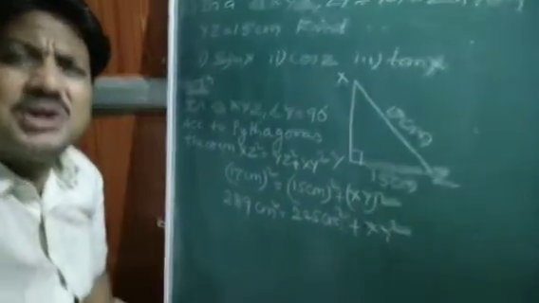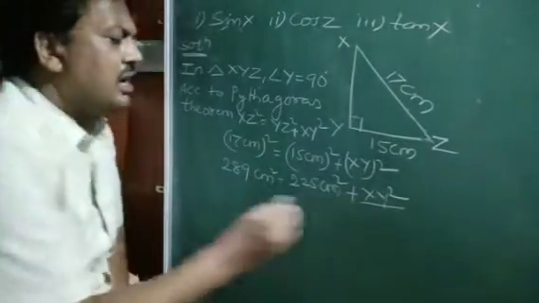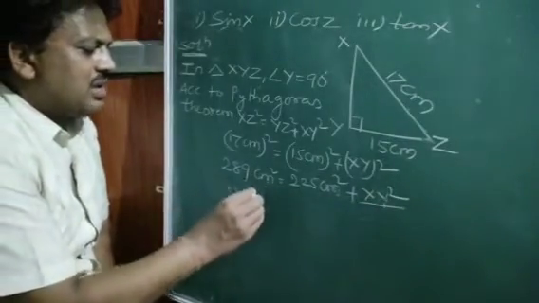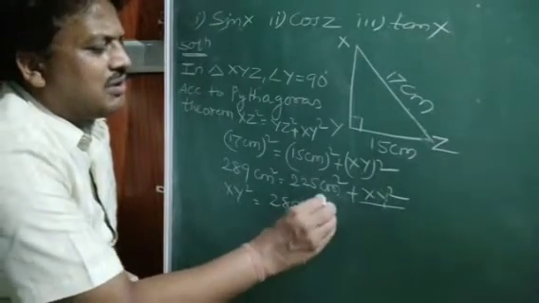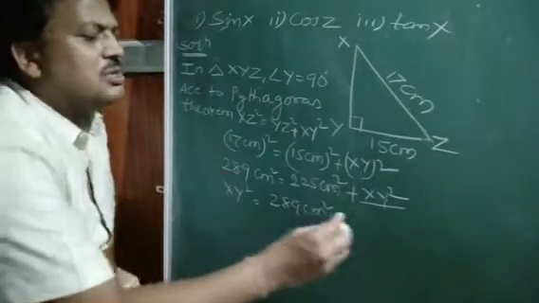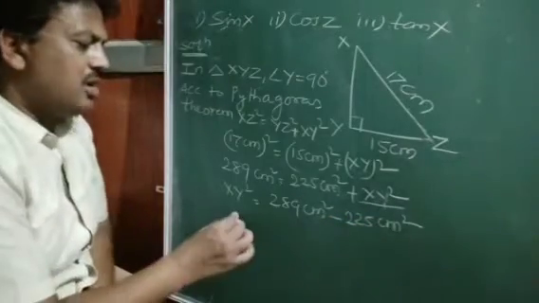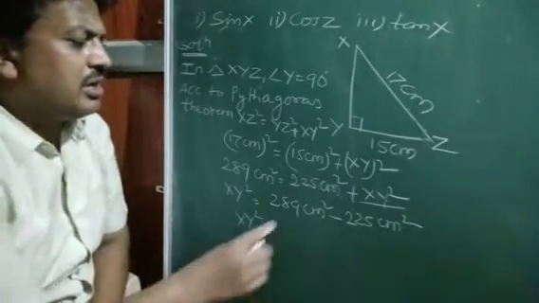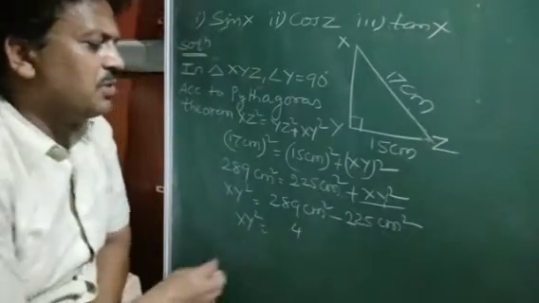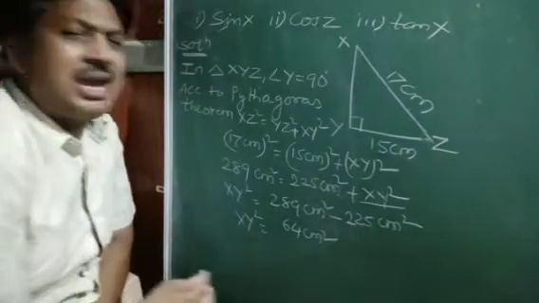Okay children, so now we have to find this one. Take it to one side. XY square is equal to 289 square centimeter; this goes to that side and becomes minus 225 square centimeter. So XY square is equal to 289 minus 225: 9 minus 5 is 4, 8 minus 2 is 6, so 64 square centimeter.